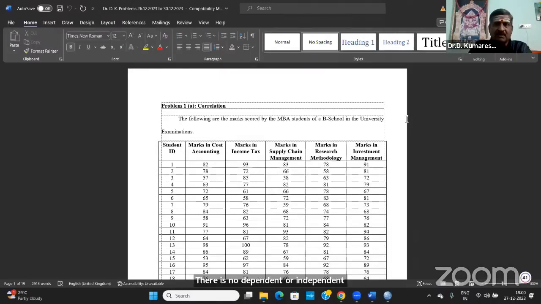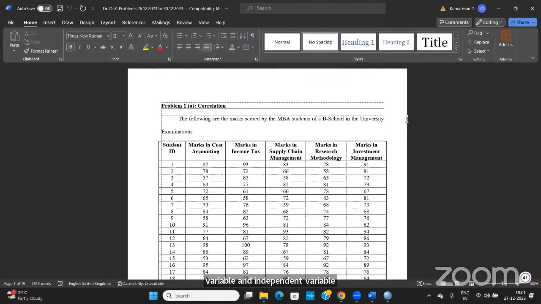The variables are interdependent. In the case of regression, once again, there is a dependent variable and independent variable, unlike in the case of correlation.